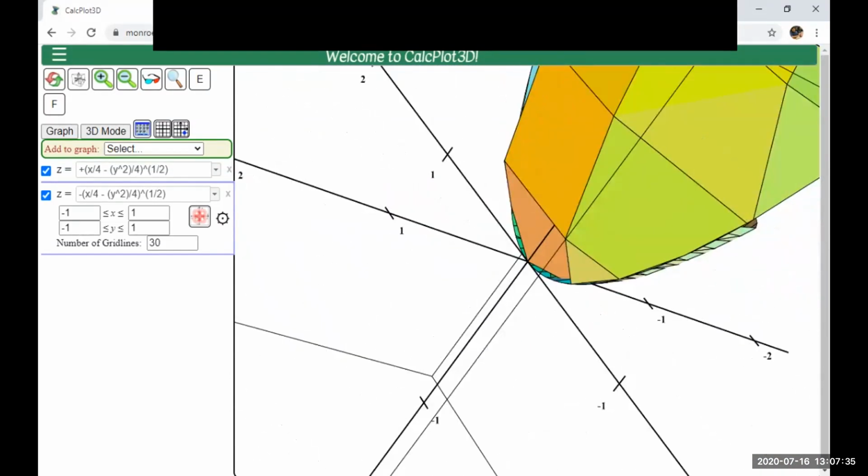I have no idea. So the idea, so let's go back. So the idea is that in this example where x is equal to y squared plus 4z squared, it means it's something in the direction of x.